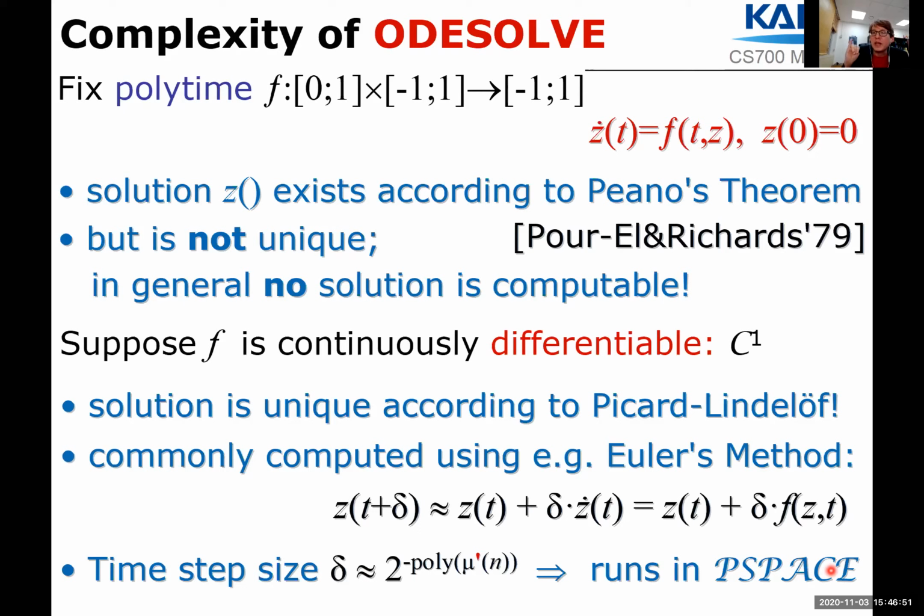And here we analyzed Euler's method and pointed out that it can be computed in PSPACE, and all the other methods, Runge-Kutta methods, also, if you look at them, are basically PSPACE algorithms, because they also use these exponentially small step sizes.